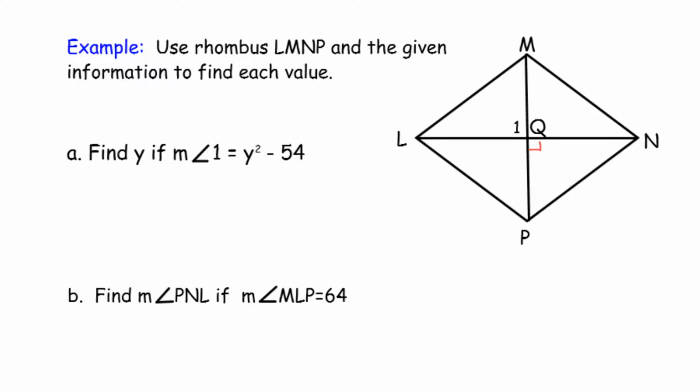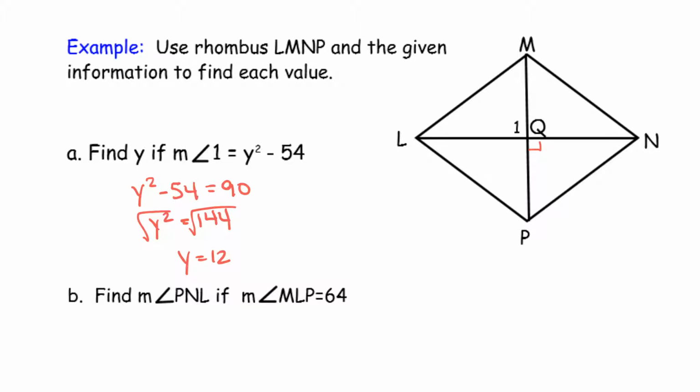So y squared minus 54 should be equal to 90. I can add 54 to both sides, so I get 144. Take the square root of both sides. So y is going to be equal to 12. Technically it would be plus or minus 12, right? However, in geometry, we typically only look at the positive root. So y is equal to 12.